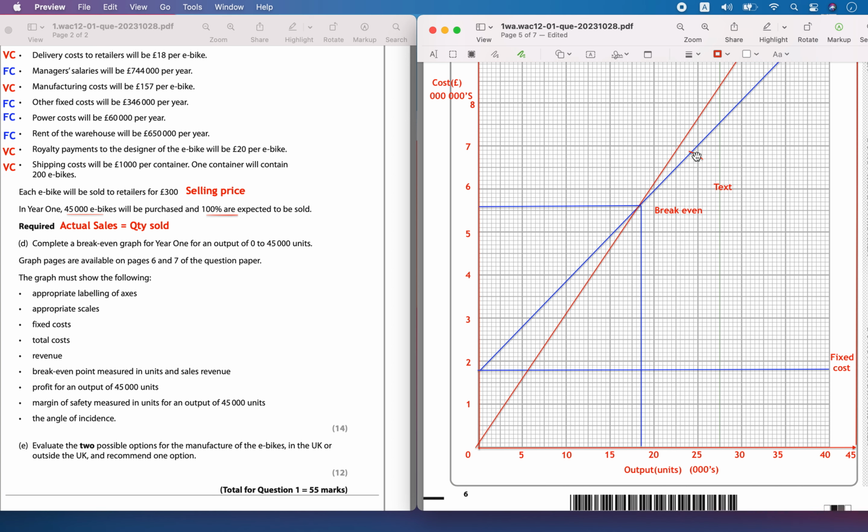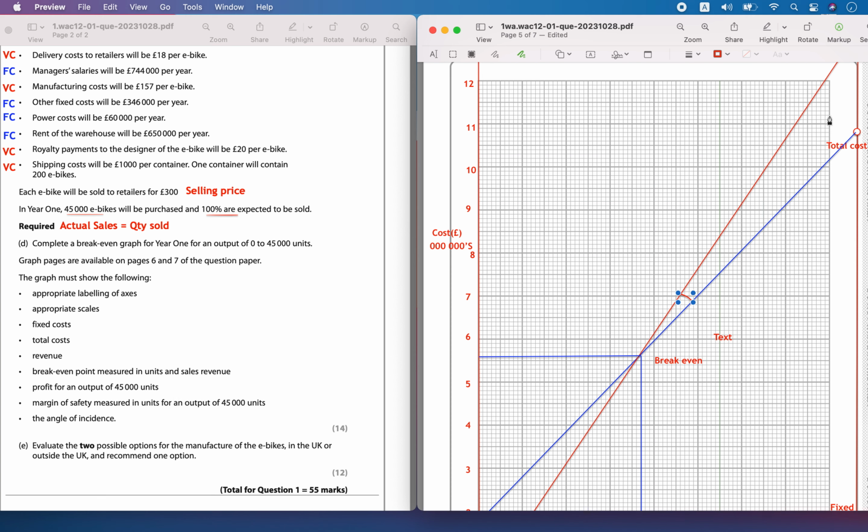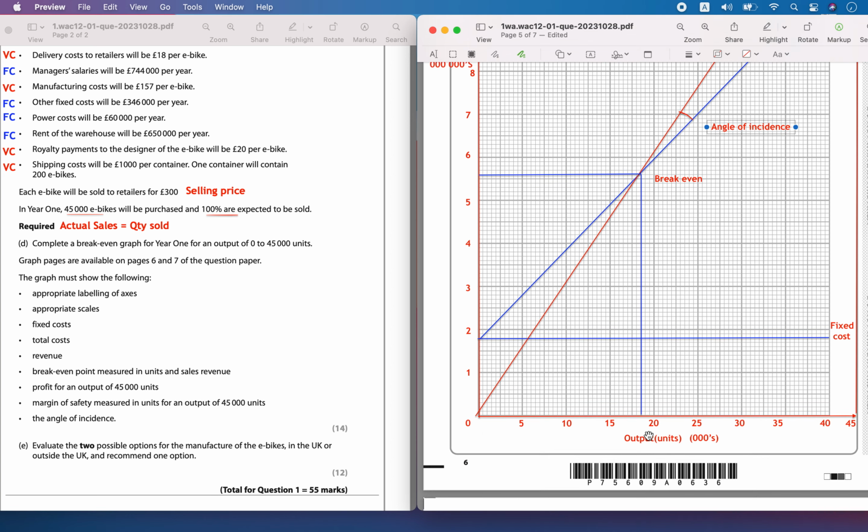I'm going to call this the angle of incidence, the angle between the total cost and the revenue lines. So this represents the break even point. The break even point is achieved around 18,000 units, which you have to indicate, and then the angle of incidence you have to indicate.